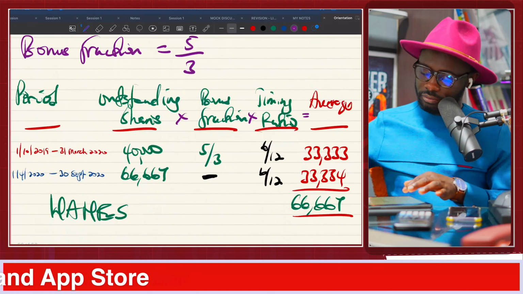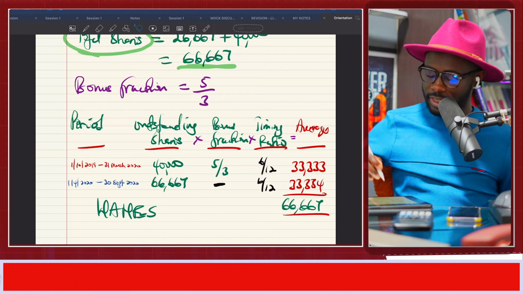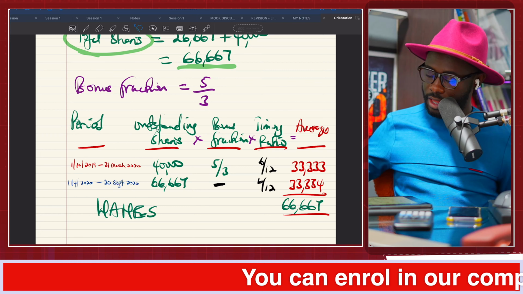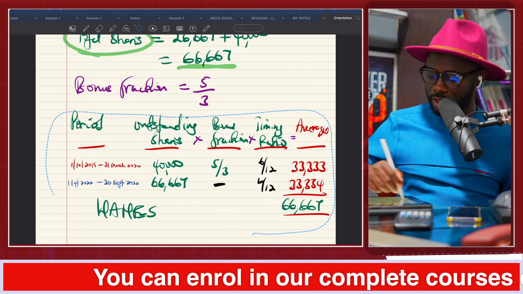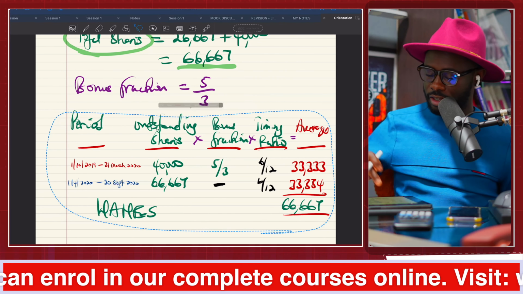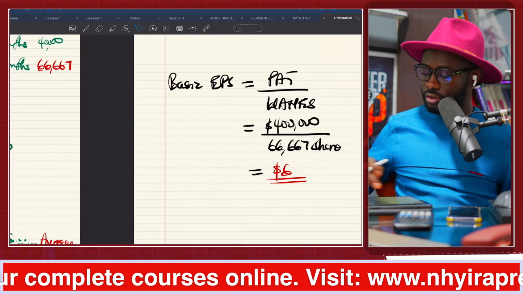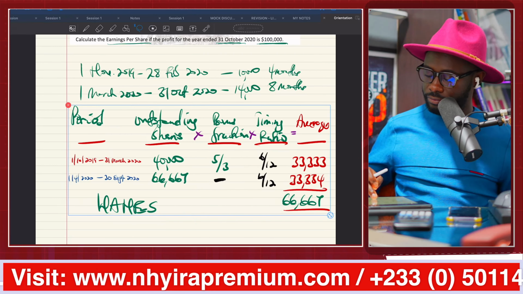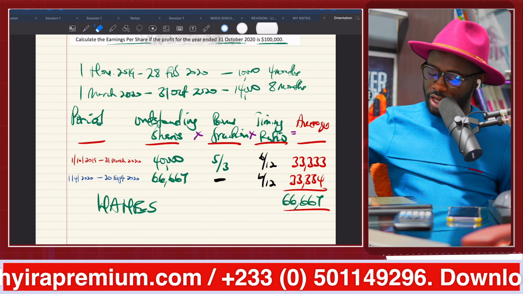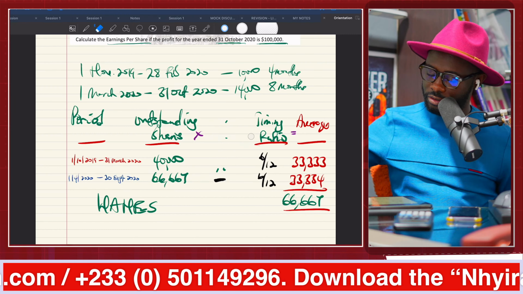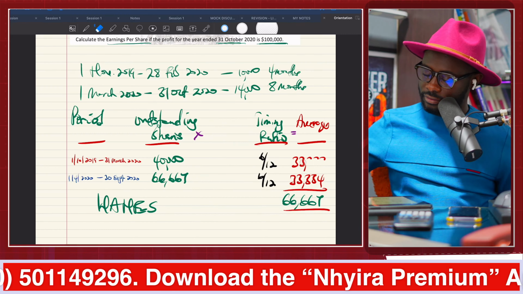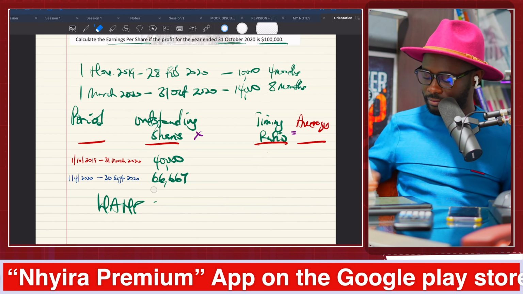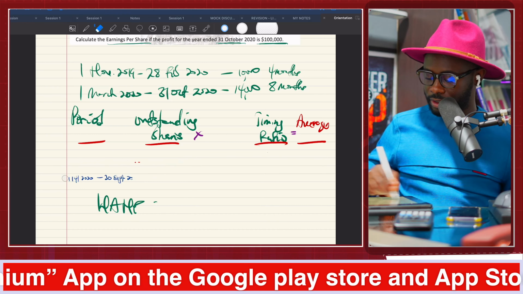So let me just copy this. I will clean some of the things there, then we'll just use it. There we go. I don't need bonus fractions, so I'm just going to clean that. Then I will rearrange something like that.